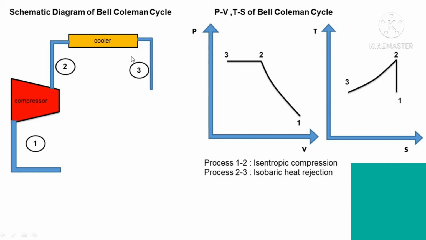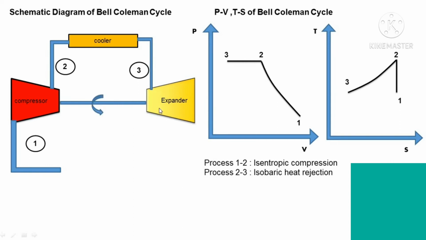As the temperature is reduced from T2 to T3, this low temperature, low pressure air is now drawn into the next component, that is the expander. There isentropic expansion of the air takes place and work is developed, and this work is supplied to the compressor to compress the air.